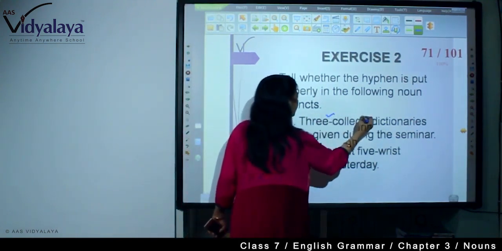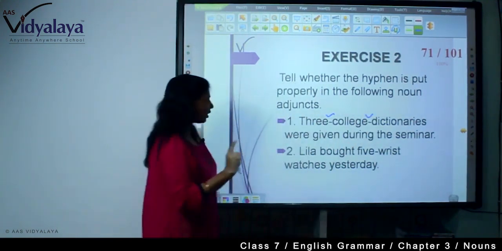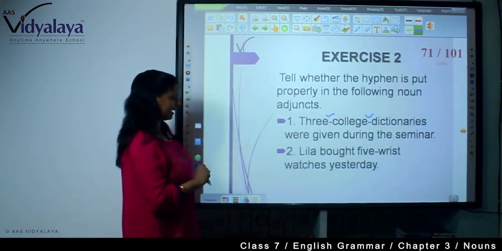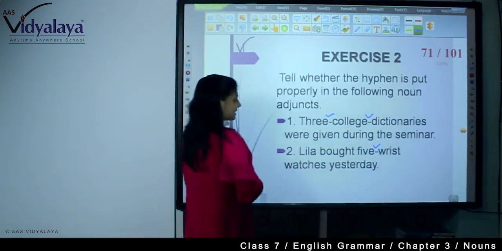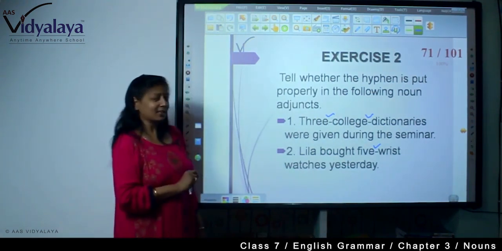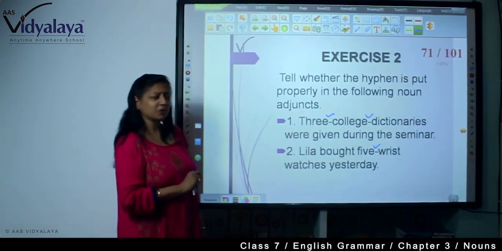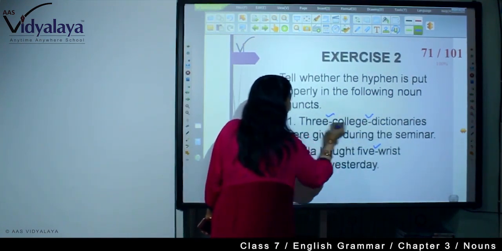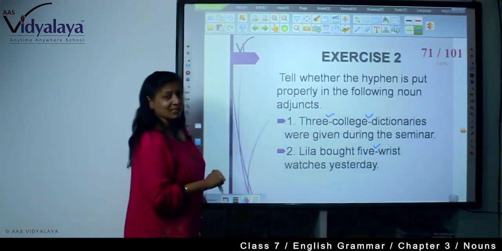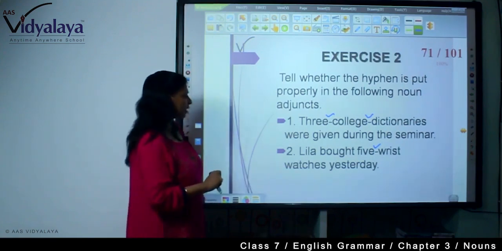See, there are hyphens here. Is it required or not? You have to say. "Leela bought 5-." Here again there is a hyphen. "3-college dictionaries were given during the seminar." You are seeing there are hyphens here. You have to say whether these are necessary or not.